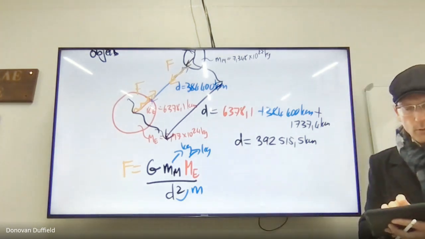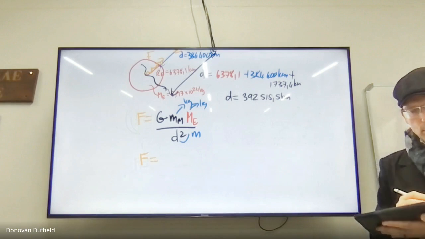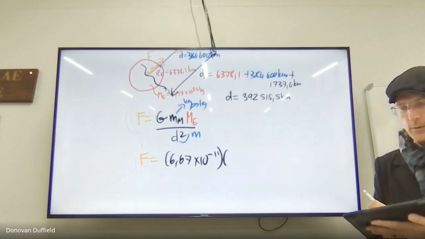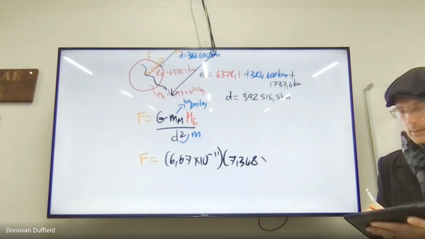So now, when we do this, we say, okay, so F equals 6,67 times 10 to the negative 11. The mass of the moon is 7,348 times 10 to the 22 kilograms.